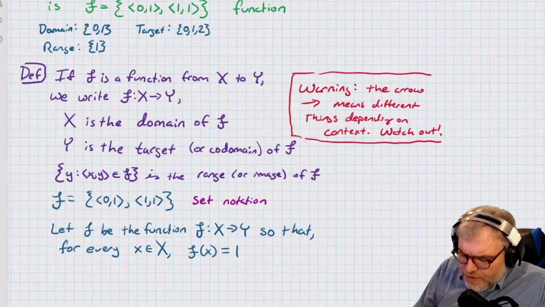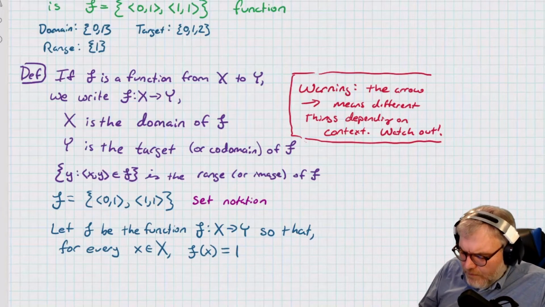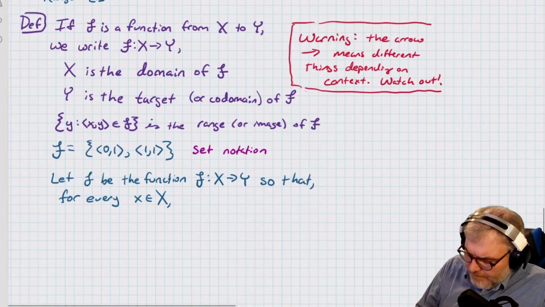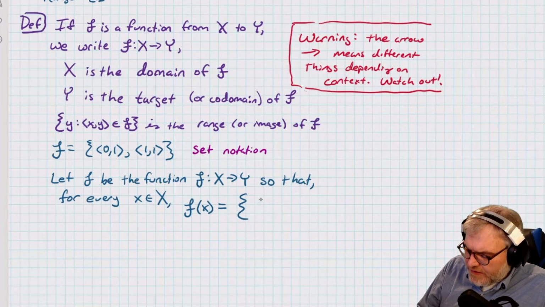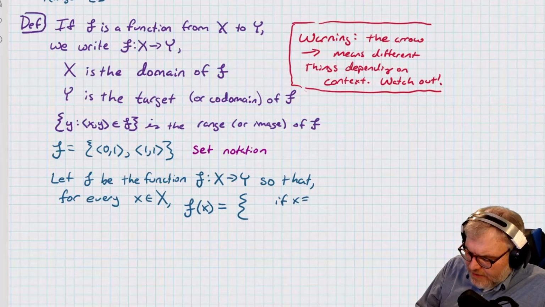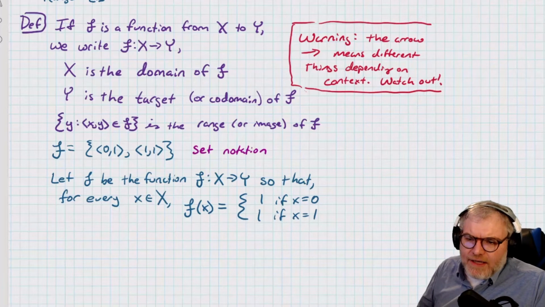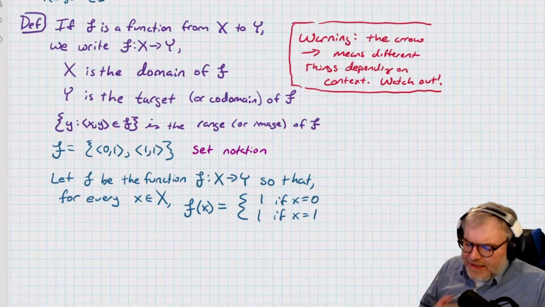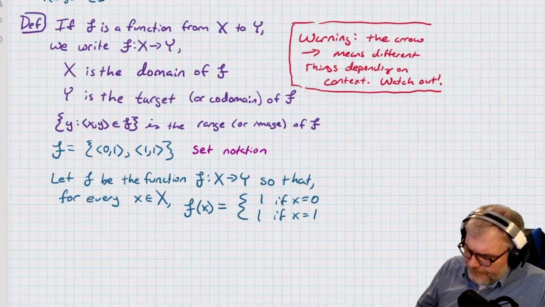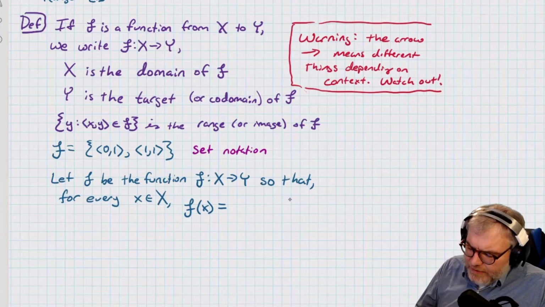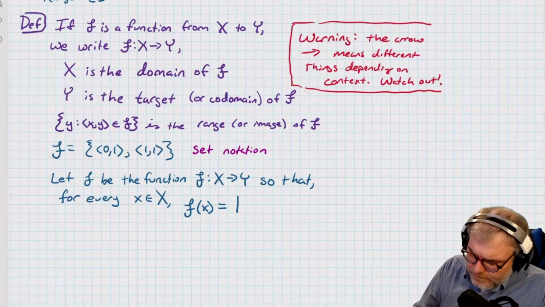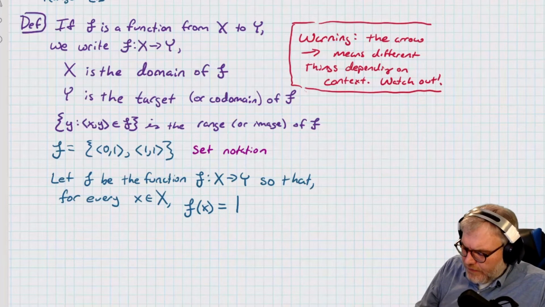This is the function 1, right? I've got (0, 1) and (1, 1). I could write it as a piecewise function: 1 if x equals 0, or 1 if x equals 1. But this is just the function 1. For any x, no matter what I put in, I get 1 back. So this is called rule notation, and it's the one you're familiar with.